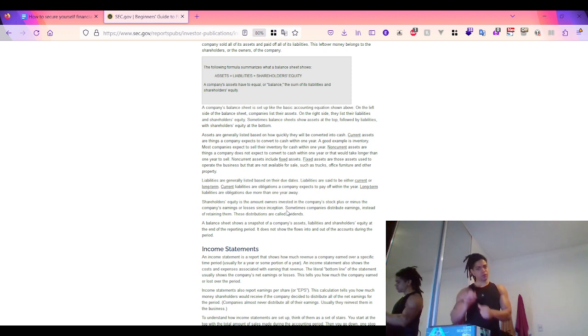And this is very important because the SEC mentioned that it is packed with additional helpful information. Here are some highlights. Significant accounting principles and policies.